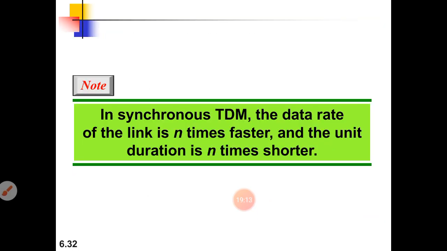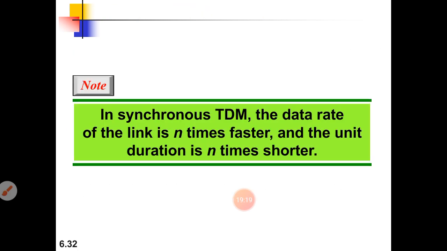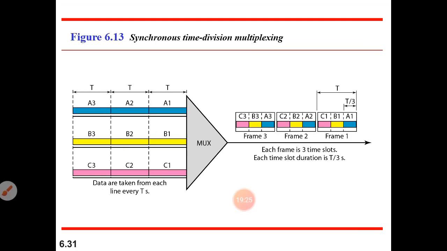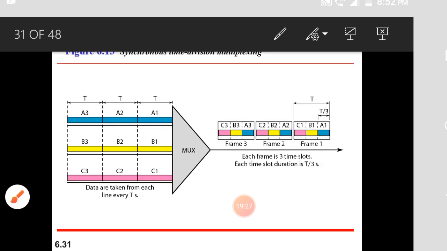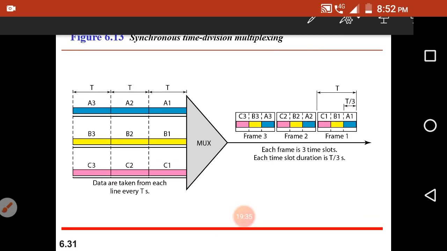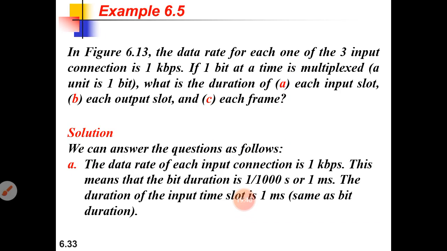Next is the duration of the output time slot. That is T by 3, where 3 is the number of connections. How many connections are mentioned in the diagram? 3 input connections, so there are 3 connections.